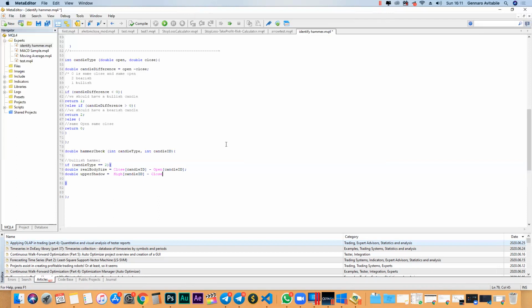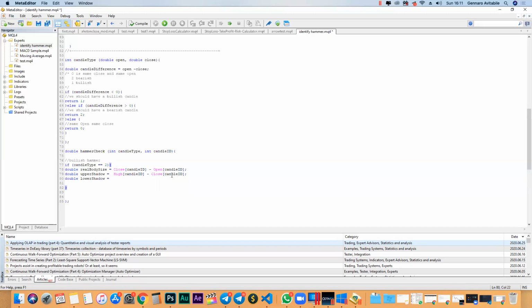Close. Oh, okay. Oh no, we did it again. I don't know what it did. Okay, no. Close of the candle. Right, now we need just the last one, the lower shadow.